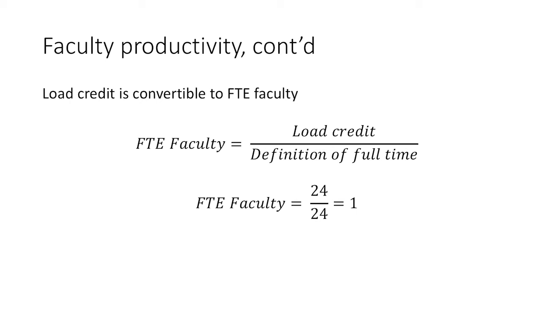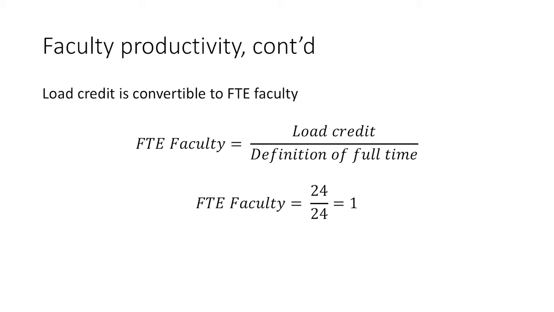You take the fall load credits, 12, and the spring load credits, 12. That's 24 load credits that they've taught for the year. And if your definition of a full-time faculty member is someone who teaches 24 load credits, then you take 24 divided by 24, and you've got 1 FTE faculty member.